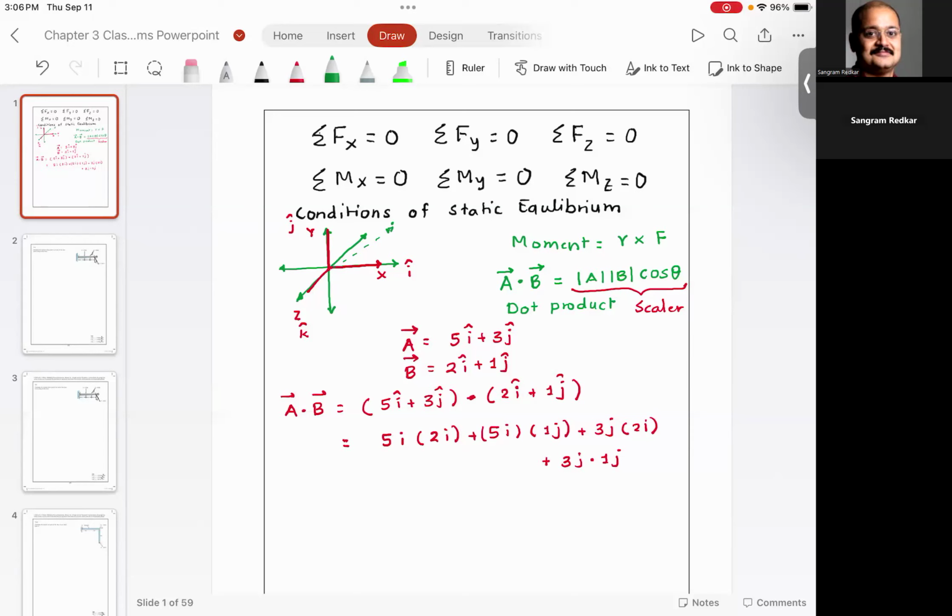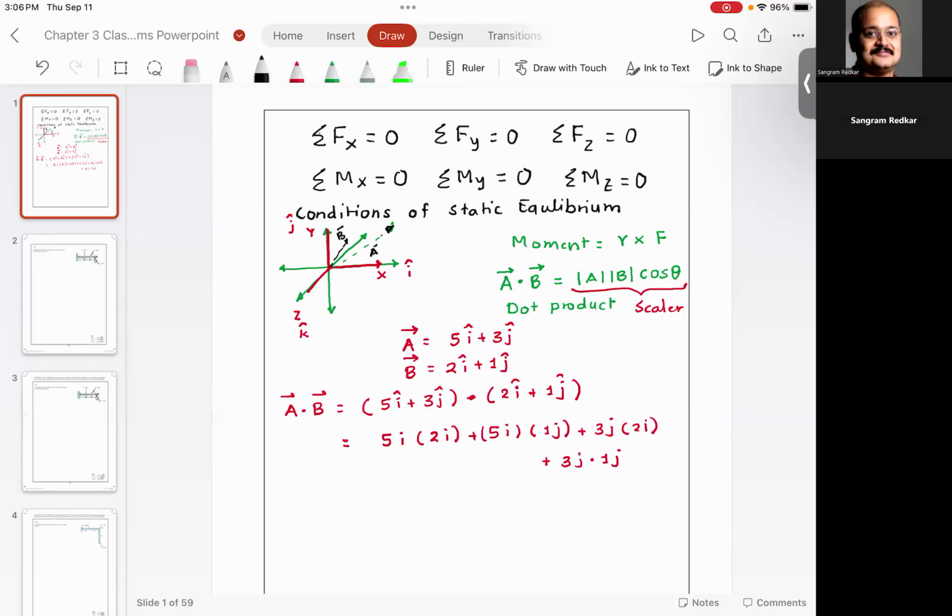So you have another vector, maybe which is somewhere here. And if I want to find out the dot product of these two vectors, I take their individual components and multiply. So once you expand, this is what you get.